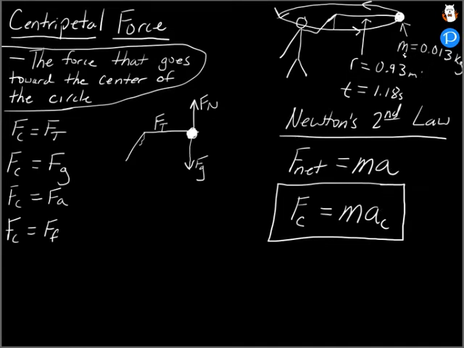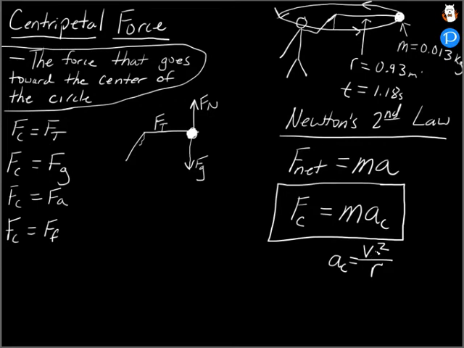I know the mass, but I don't know the acceleration. So we have to think back to last week. What is the centripetal acceleration equal to? We learned that centripetal acceleration is equal to v squared over the radius. I know the radius, but I don't know the velocity.